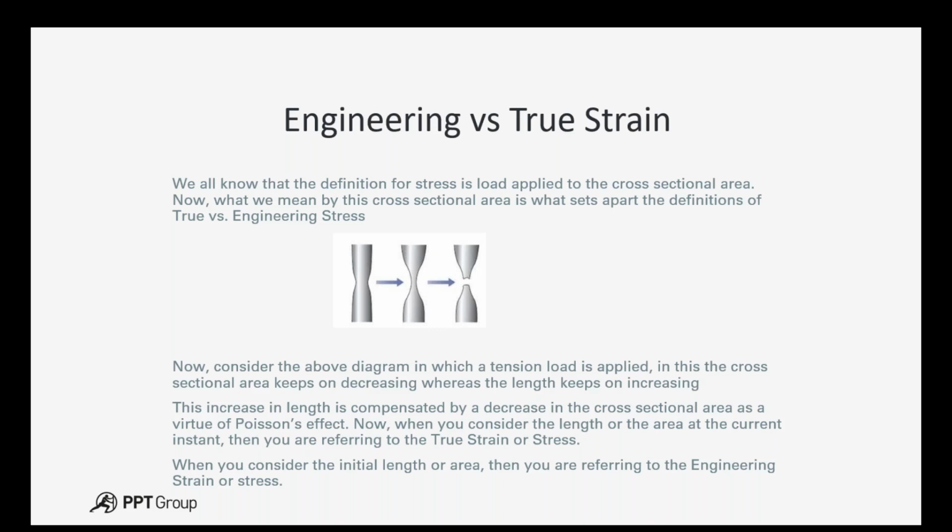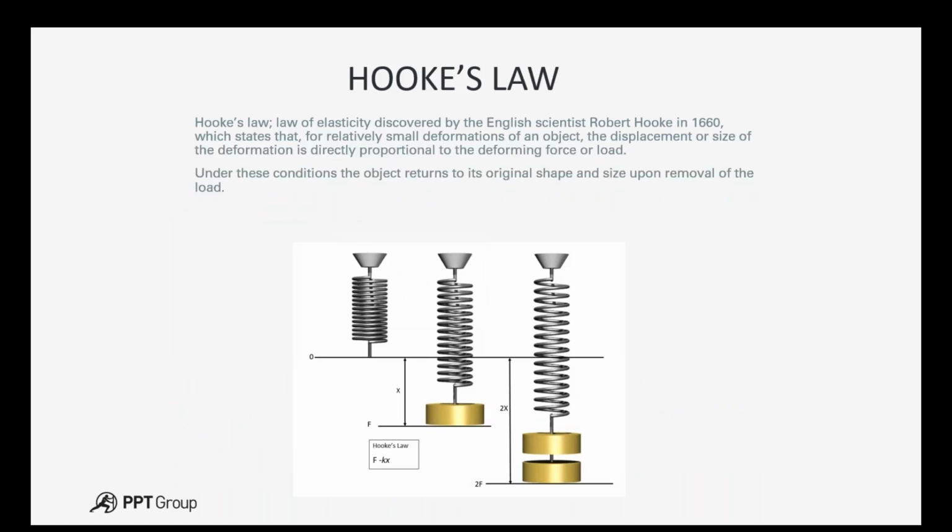Now, the majority of materials we're looking at here have a certain amount of elasticity in them. There's Hooke's law, from the scientist Robert Hooke, and it states that for relatively small deformations of an object, the displacement or the size of the deformation is directly proportional to the deforming force or load.